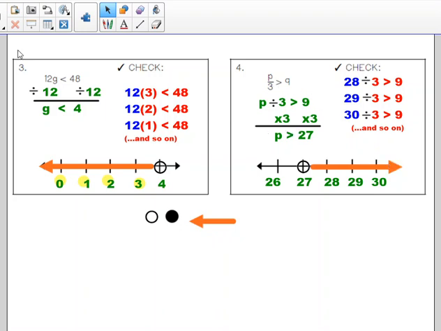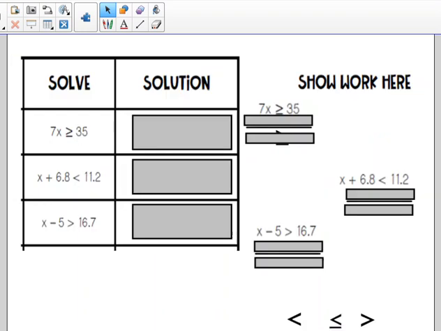All right. Okay, let's solve a few of these here. If you look at this section right here, we're just going to work our way down this, starting with the second one, so the 2 on your left there. 7x is greater than or equal to 35. Well, if this is what I'm working with first, I want to get the variable by itself. So what do we do? We divide both sides by 7, because right now it's being multiplied by 7.